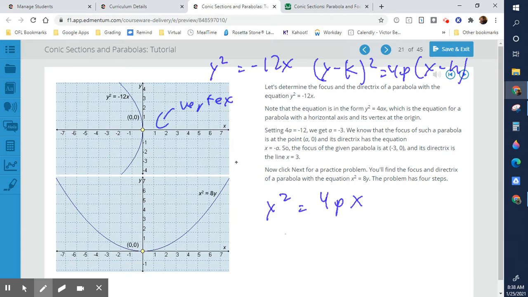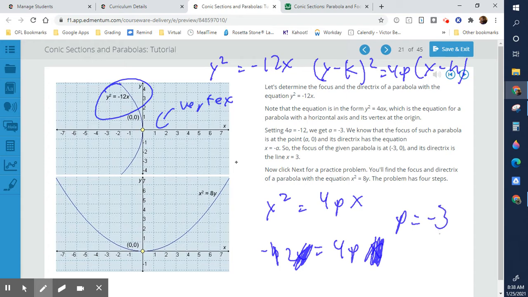Well, now we have a y squared formula and a y squared formula. So this is where I said you just set them equal to each other and you can solve for it. So we have negative 12x equals 4px. I'm sure some of you already figured out the answer is negative 3. Our x's would cancel out because they're on the same side. So therefore, our p is negative 3.